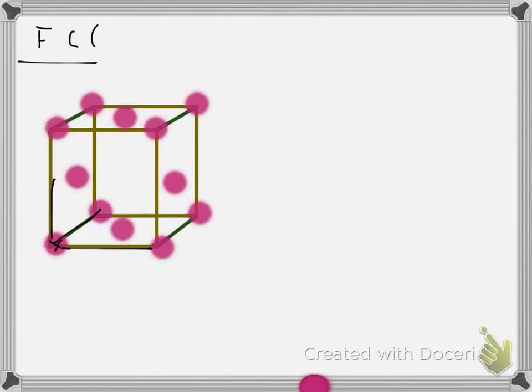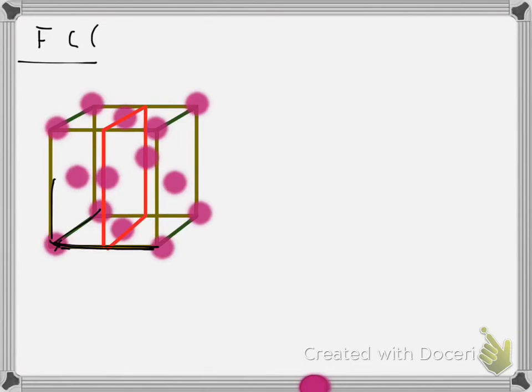Then you have to draw a plane here, at the middle of this axis, middle of this edge. Then you will get a particle at the center, that's it, front face center, and at the middle of this line, that is back face center.